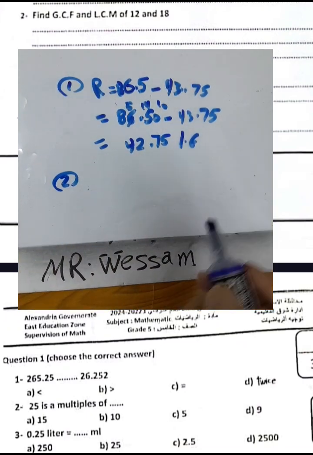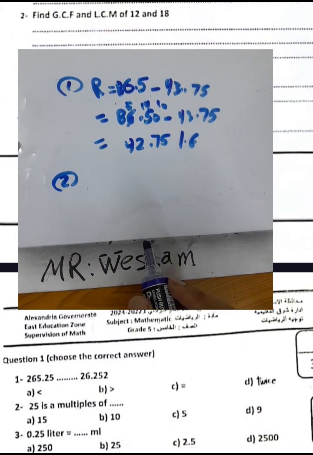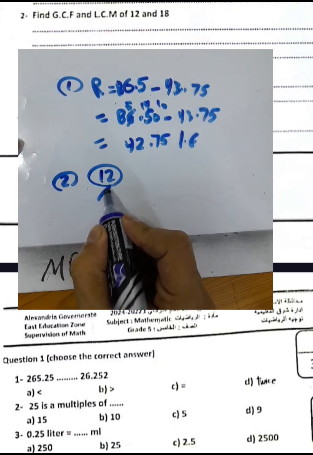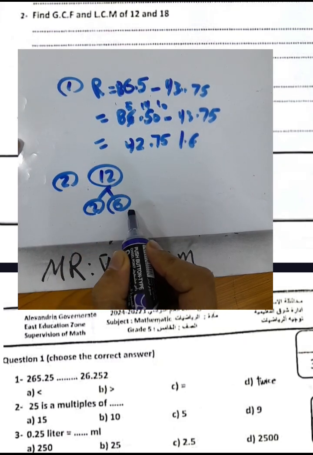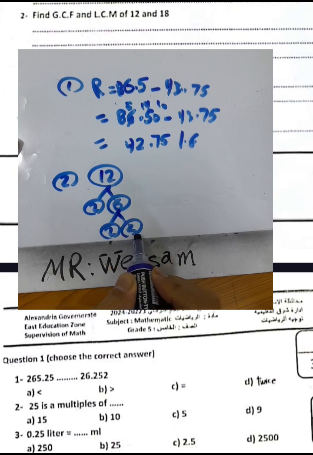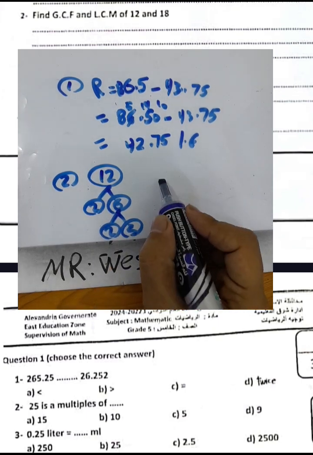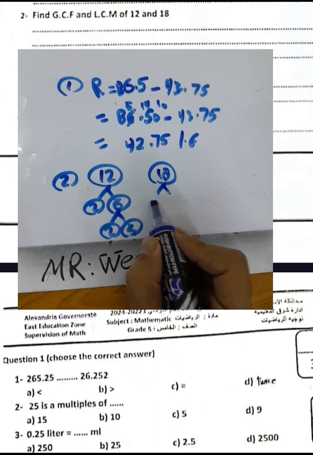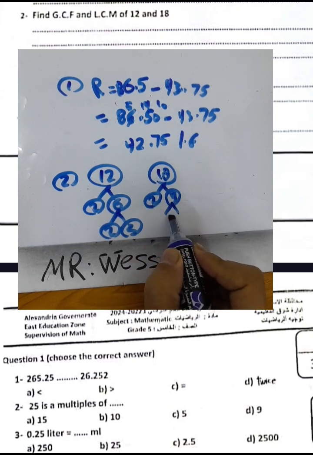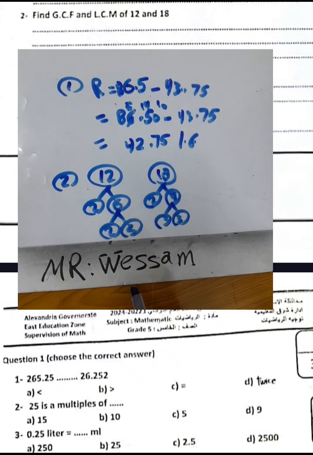Find the greatest common factor and the least common multiple of 12 and 18. 12 equals 2 times 6, and 6 equals 2 times 3. 18 equals 2 times 9, and 9 is 3 times 3.